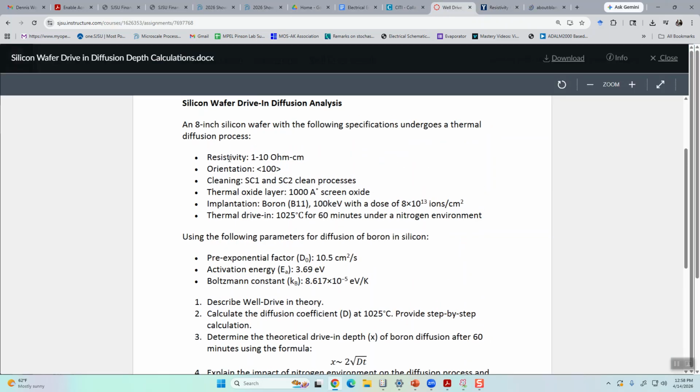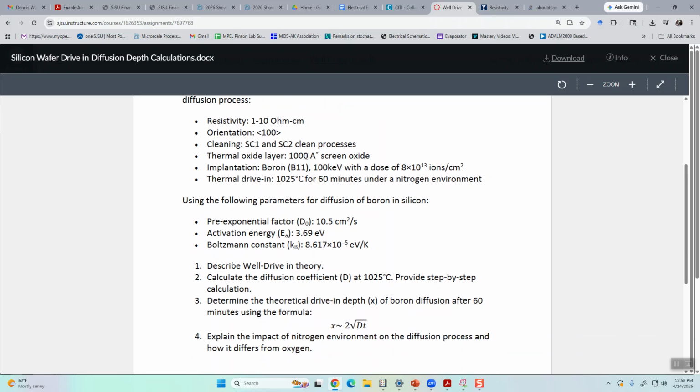Okay, so coming back to the question, yep, that's the resistivity. Now you know how to convert that into doping concentration. Orientation doesn't matter. The cleaning doesn't matter. The oxide screening thickness in this all determines that initial dose, or the amount of dopant to begin with. Right?